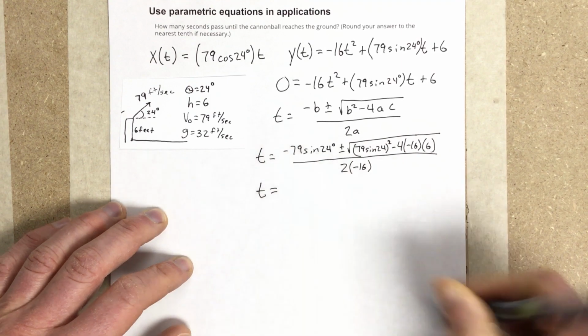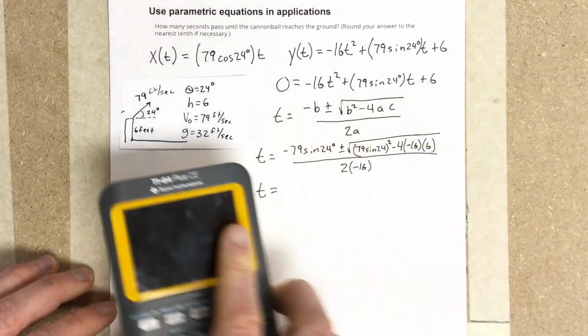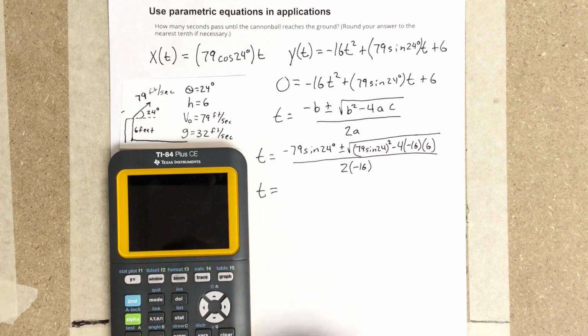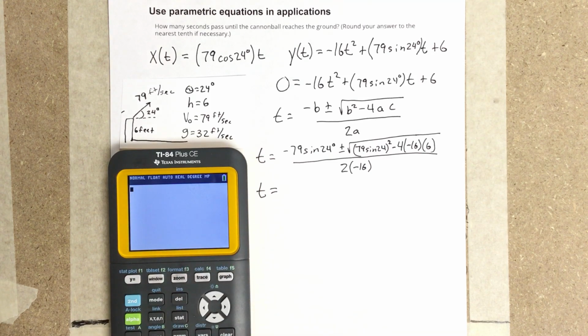So what's nice about using this trig with the quadratic formula is we can just plug all this in the calculator. Make sure you're in degree mode because you're using degrees. We're going to say 79 sine of 24, that's equal, and then we'll square that.